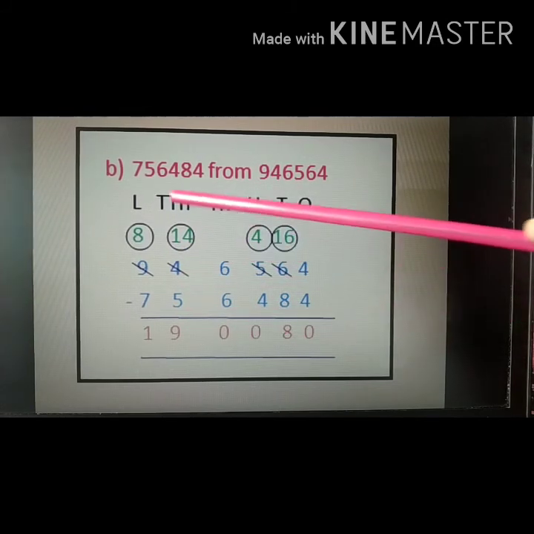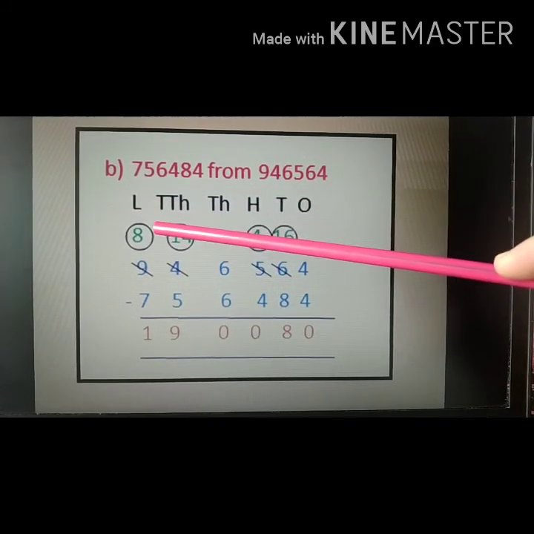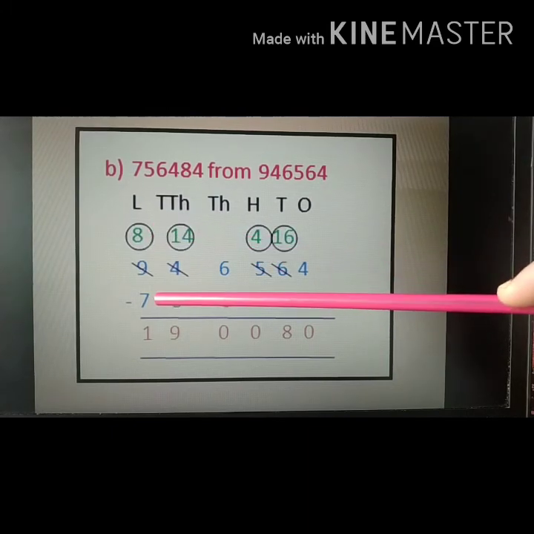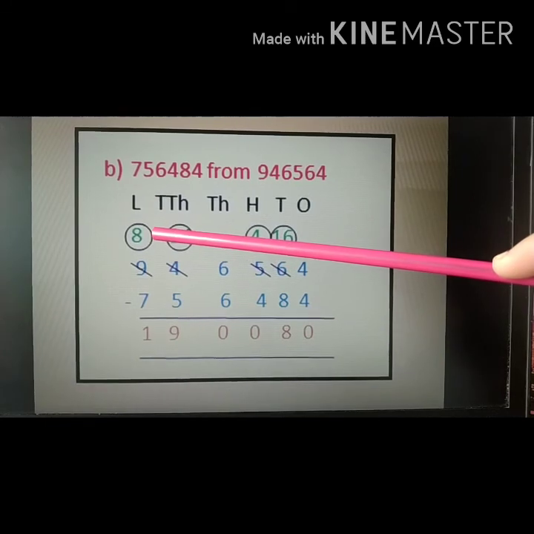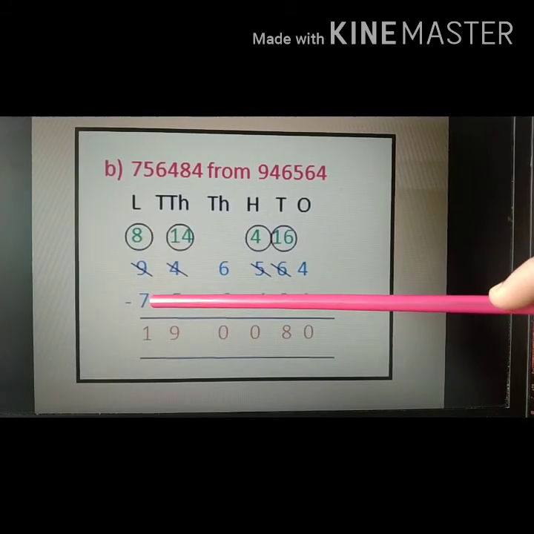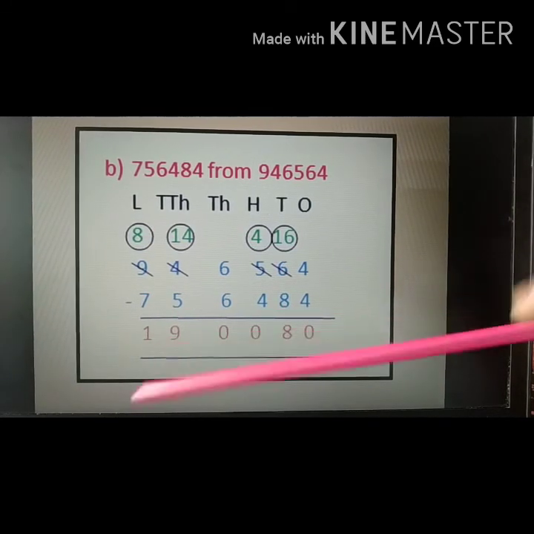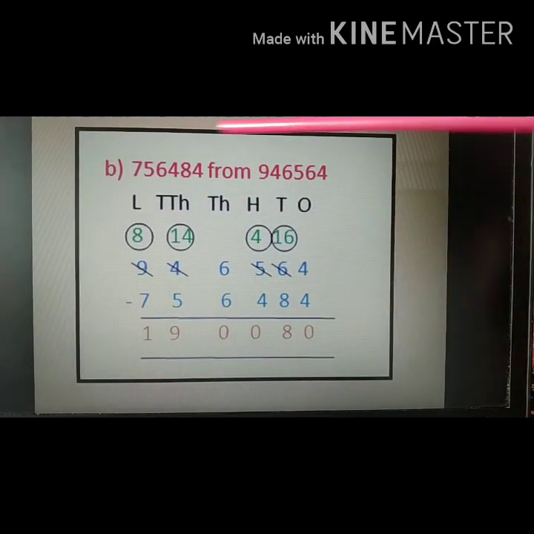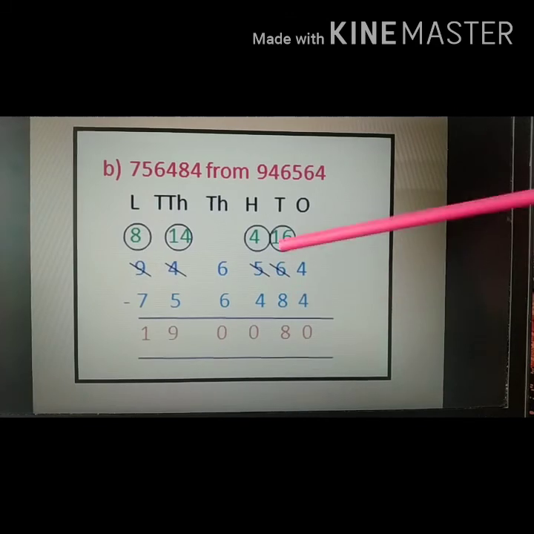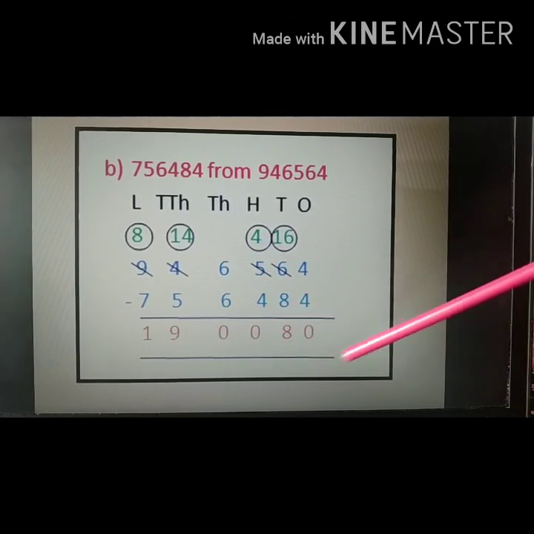Next is again to the left side. At lakh place, 8 minus 7. Now we will not consider 9, we will consider 8. 8 minus 7 is 1. So this is the sum when you arrange the numbers in columns and find the difference.